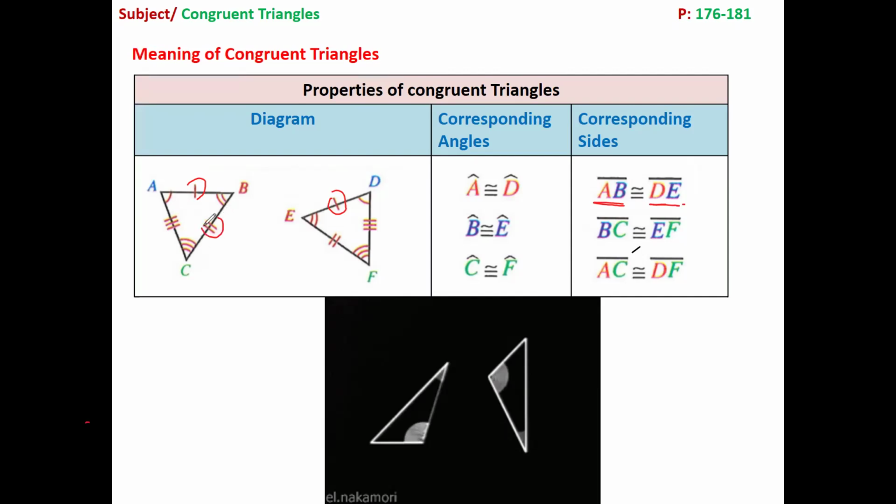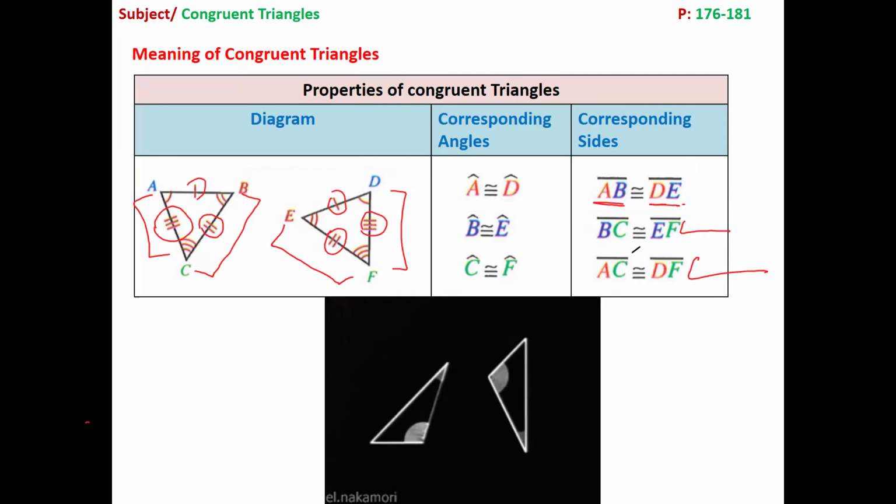This side has two lines and this one also has two lines, so BC is the same length as EF. The last one has 3 lines here and 3 lines here, so the lengths AC and DF are exactly the same. That's why we say these two are congruent.